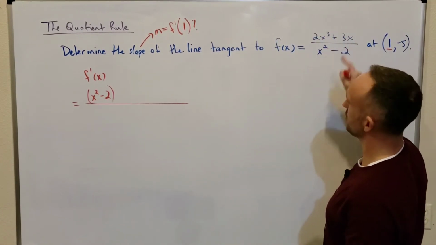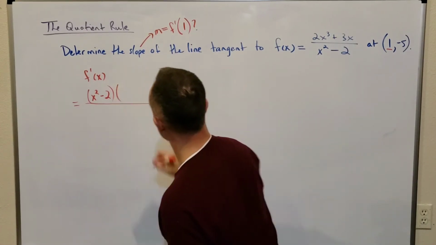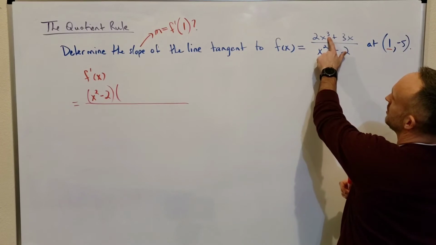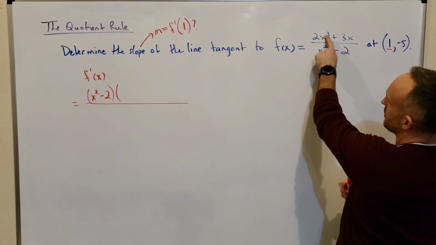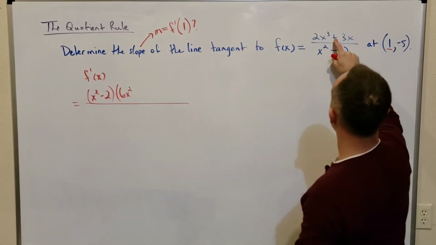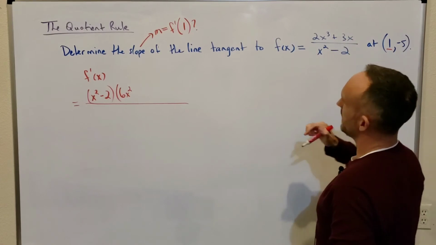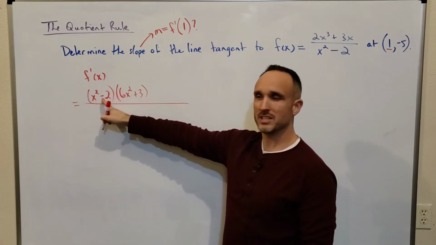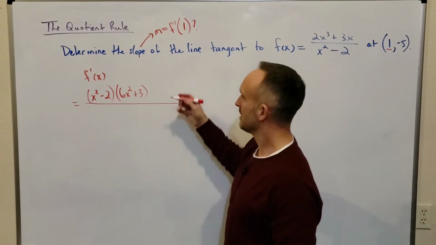I'm going to go ahead and do the derivative of the top. So the derivative of 2x cubed is, use the power rule, drop your 3 down and make this a 6, x squared, lower the power by 1, plus the derivative of 3x is just 3. So that's the bottom times the derivative of the top.